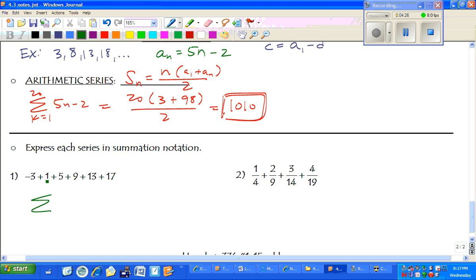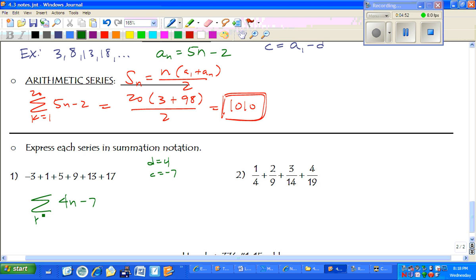It's going up by 4. So we know the common difference is 4. And the c value, the one that would be just to the left of this, would be negative 7. Right? If we go backwards 4, that would give us negative 7. So our formula in here would be 4 times n minus 7.